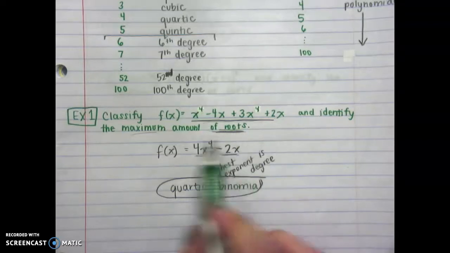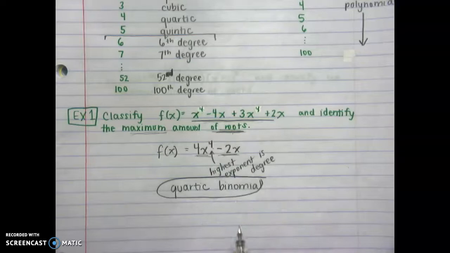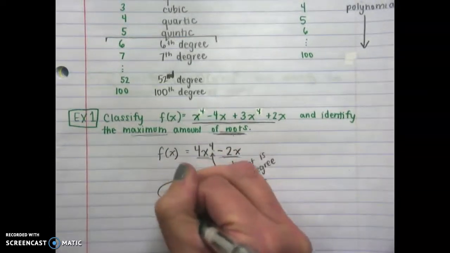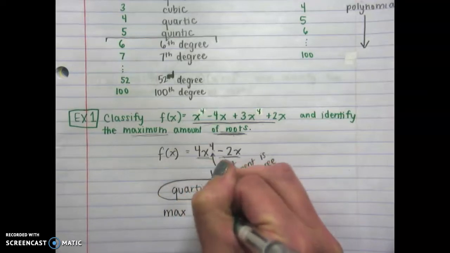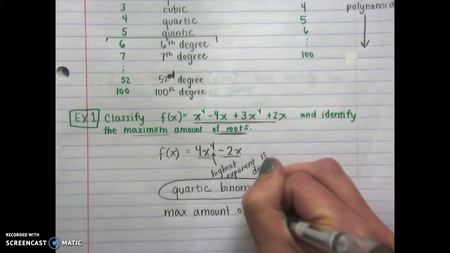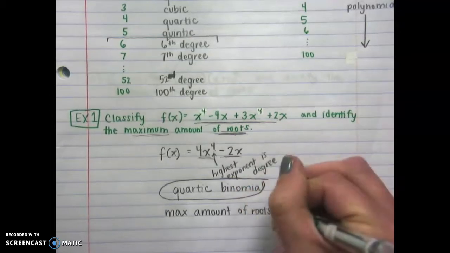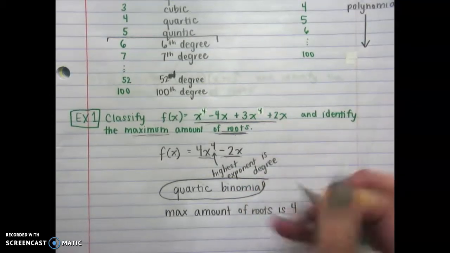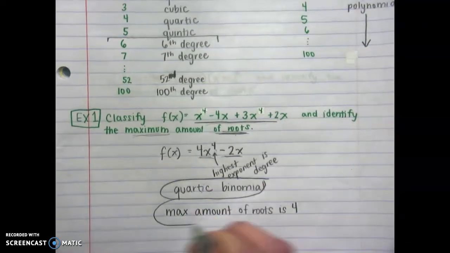Then how many maximum amount of roots? Remember, roots are just solutions or x-intercepts or zeros. And if we're trying to figure out what the maximum amount of roots this could have, it's the same as the degree. So the maximum amount of roots, solutions, x-intercepts is 4 because this is a quartic, so it's the same as the degree.